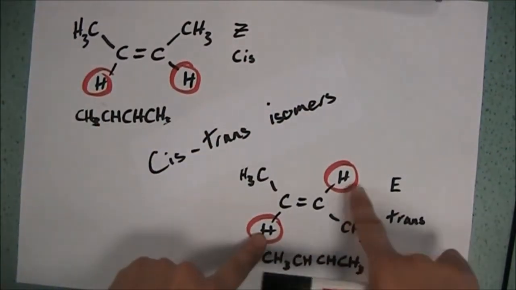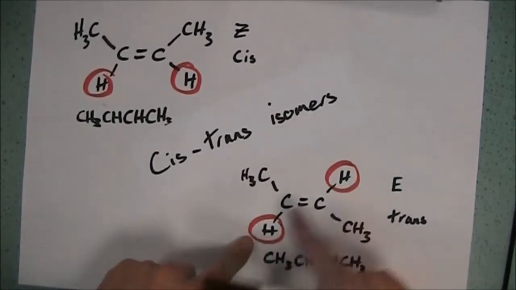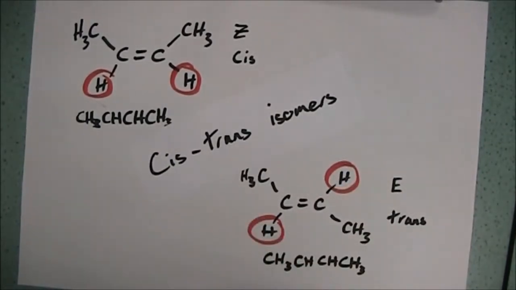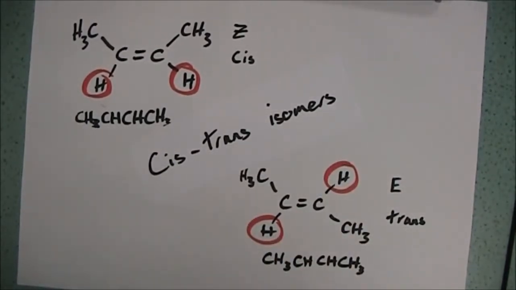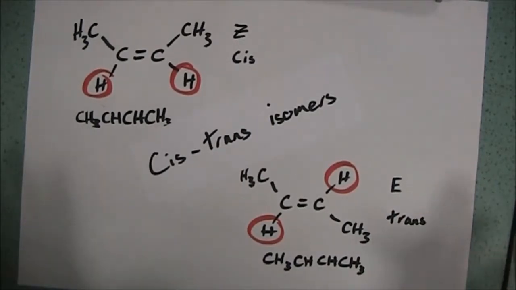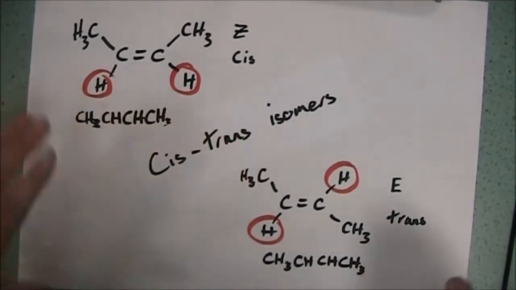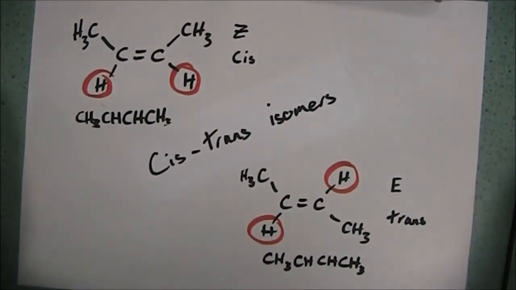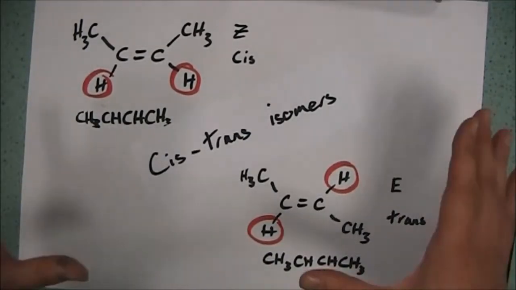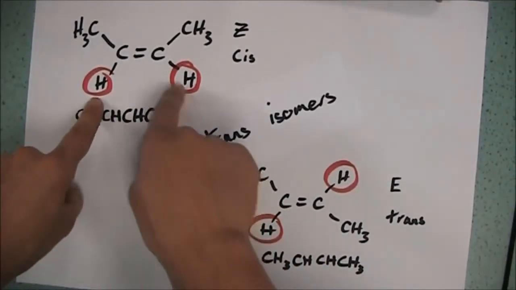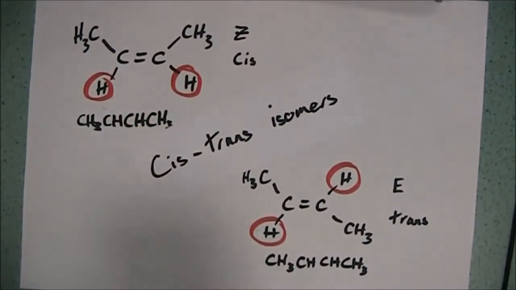Because these two are hydrogen, we can call this trans because the two hydrogens are opposite each other. If we have different functional groups on there, no hydrogens or only a hydrogen on one of the carbons, we can't use cis-trans. That's reserved specially for when we have a hydrogen on each carbon that makes up the carbon-carbon double bond.